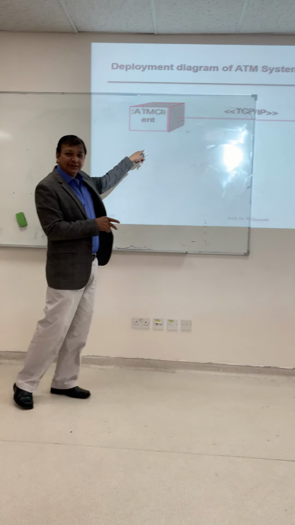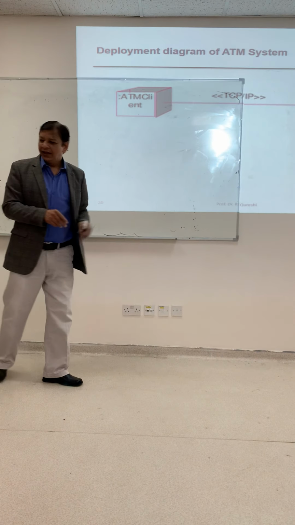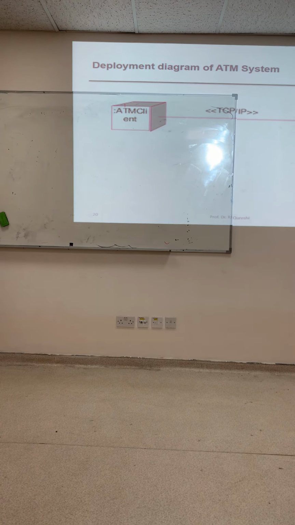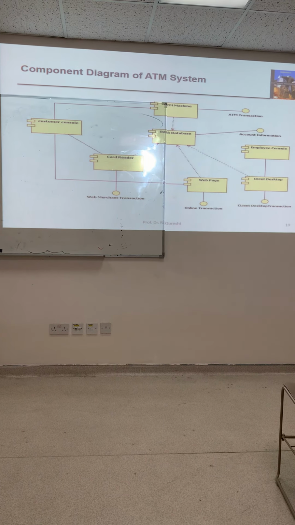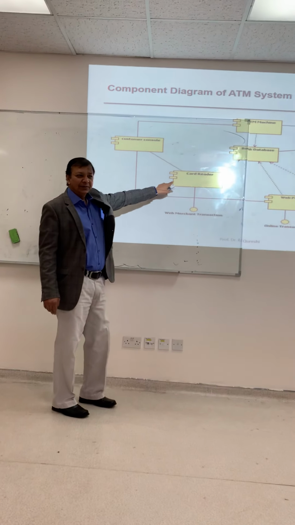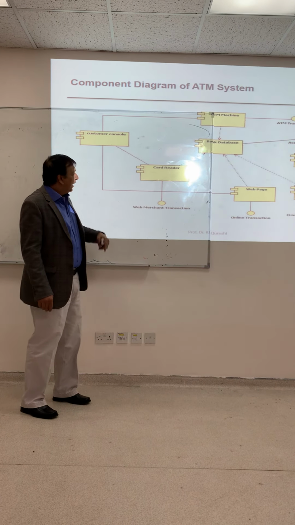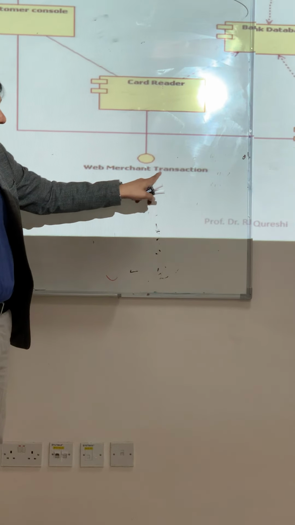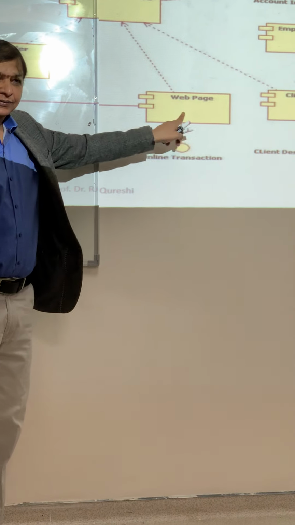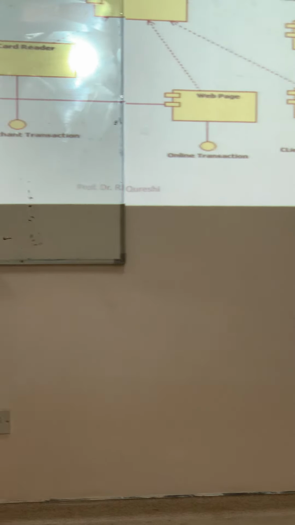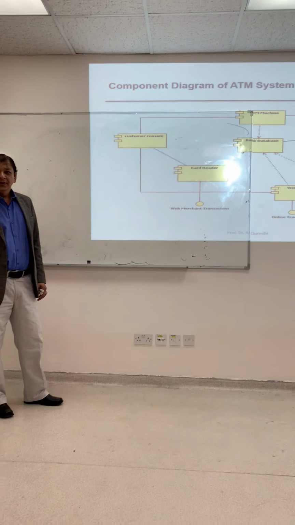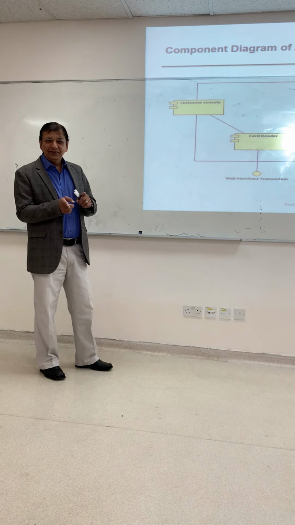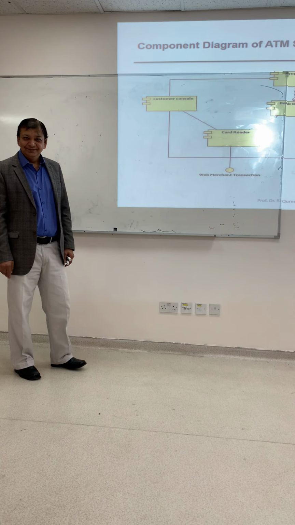This is the deployment symbol, and if you go back, this is the component symbol to show the component. And if you want to show the interface, this is the interface of the component, a circle to interact. Is it clear now? The difference between component and deployment. Very good.